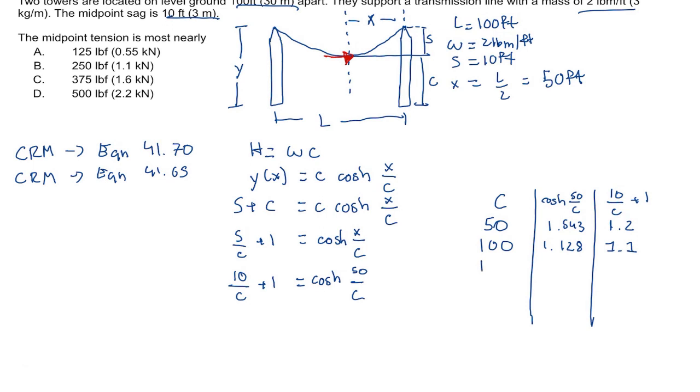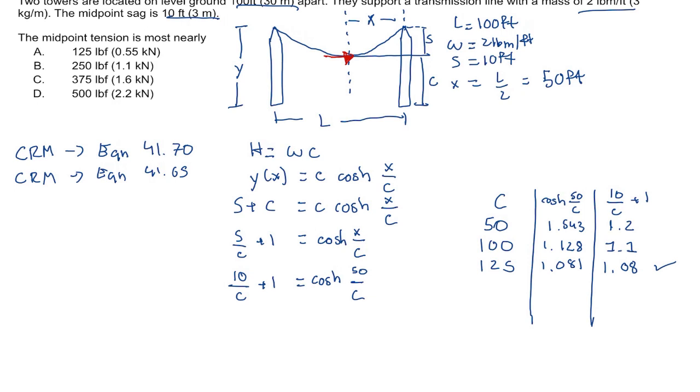So let's try 125. Okay, the hyperbolic cosine of 50 divided by 125 is 1.081. Now 10 divided by 125 plus 1 is equal to 1.08. Nice.